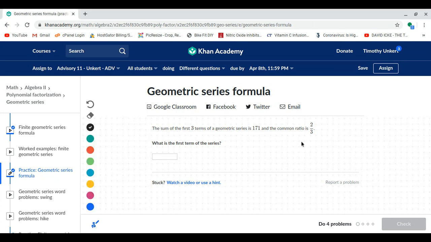So the sum of three terms is 171. And the common ratio is 2/3.